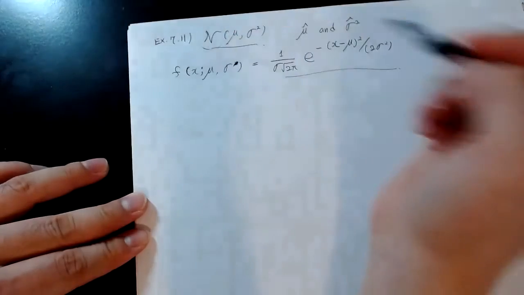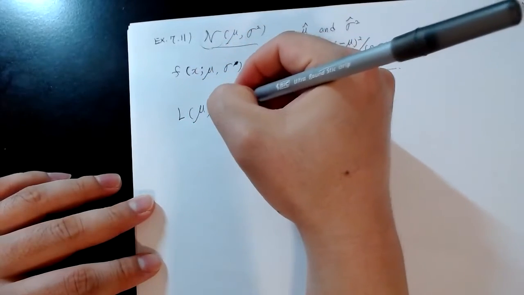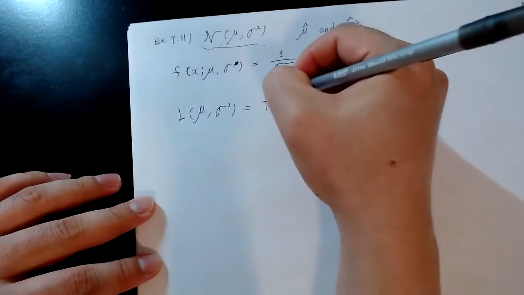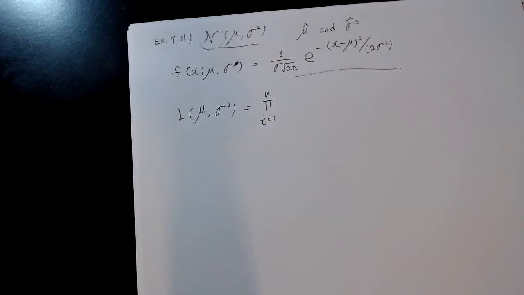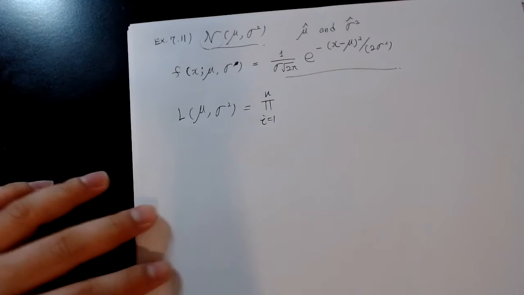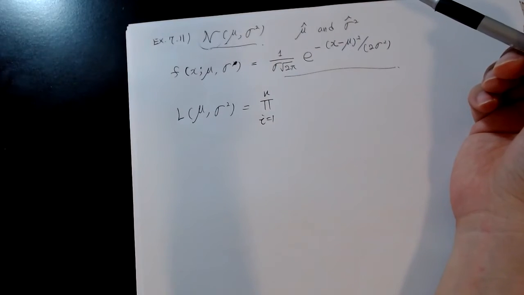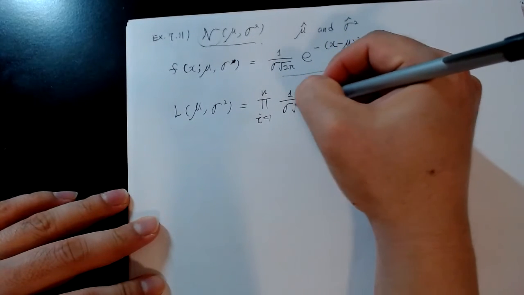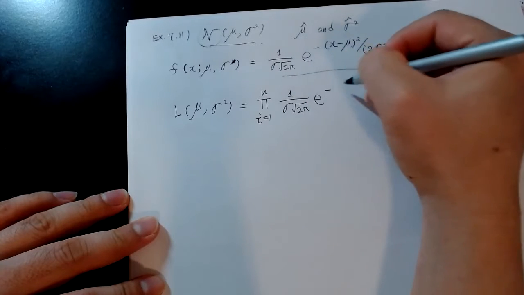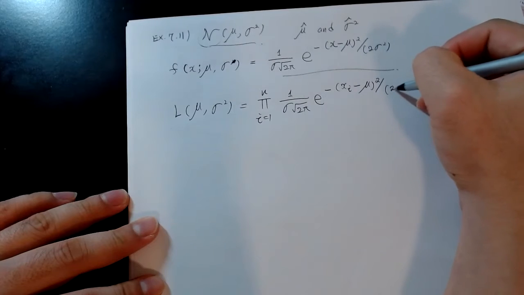Then the likelihood function L of mu and sigma square is the product for i goes 1 through n. Here we assume that we have a random sample of size n. Under that assumption, we can construct the likelihood function L: 1 over sigma square root 2 pi, e to the minus (xi minus mu) squared over 2 sigma square.